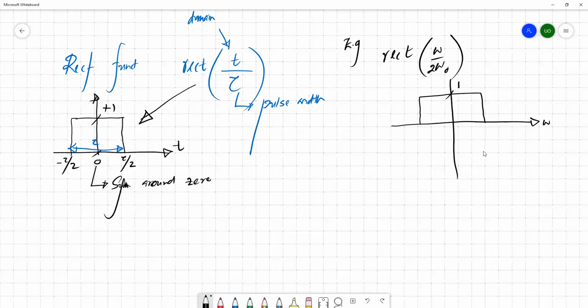The pulse width is 2 omega naught. This is symmetric about 0, so this becomes omega naught, this becomes minus omega naught, and the total width becomes 2 omega naught. So this is a rectangular pulse.